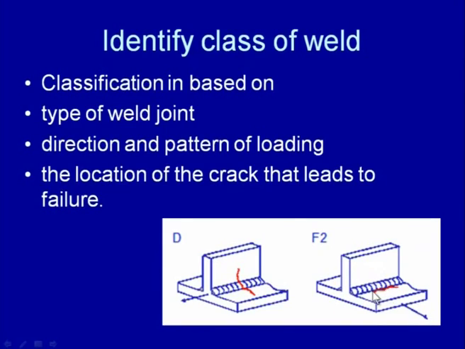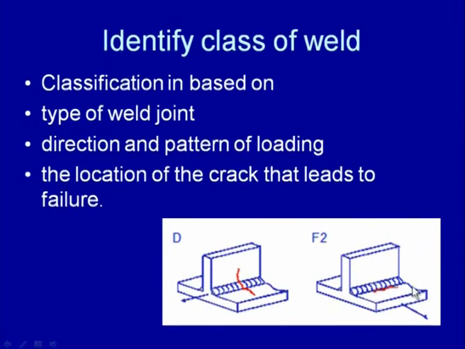So, in the situation when the load is acting perpendicular to the weld, the crack grows along the length of the weld, while in another case the crack grows perpendicular to the direction of external loading. Although growth in both the cases is perpendicular to the external loading, in this case the crack grows parallel to the weld, while in the other case the crack grows perpendicular to the weld.